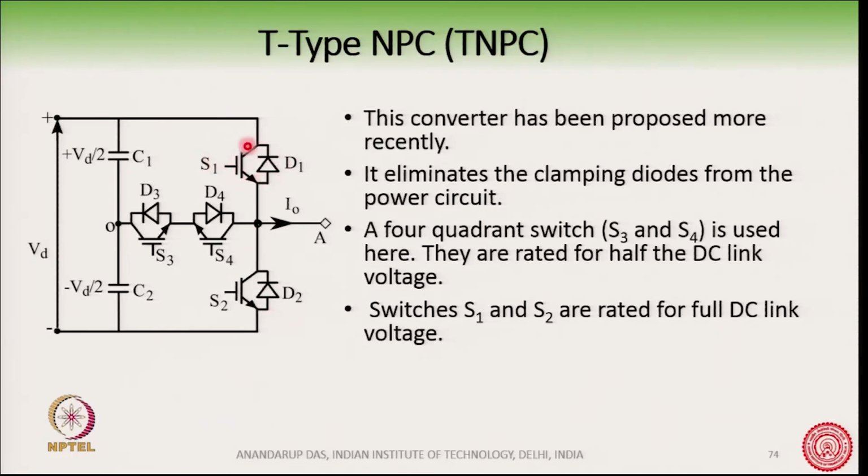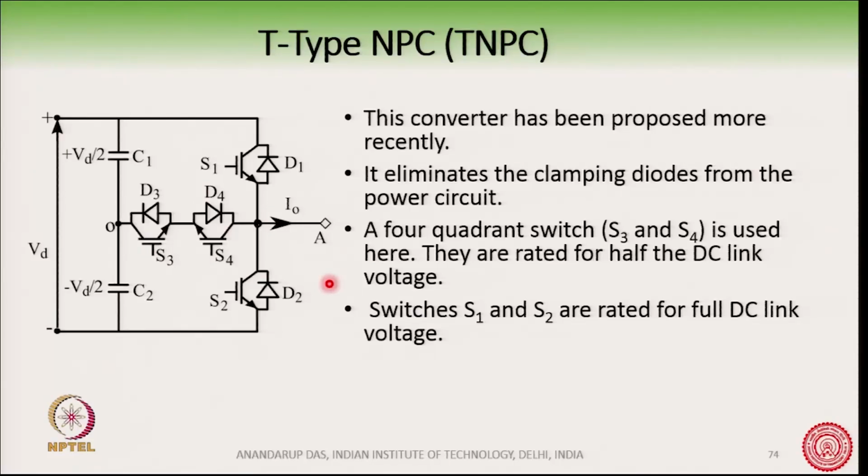The upper switch is rated for the full DC bus voltage, and the same is applied for the lower switch also, because if this switch is off and this switch is turned on, then the whole voltage will come here. So, this switch has to block the full DC bus. Okay. So, the voltage rating of this switch as well as this switch is Vd, or the total DC bus, whereas the voltage rating of this switch here is half the DC link voltage.